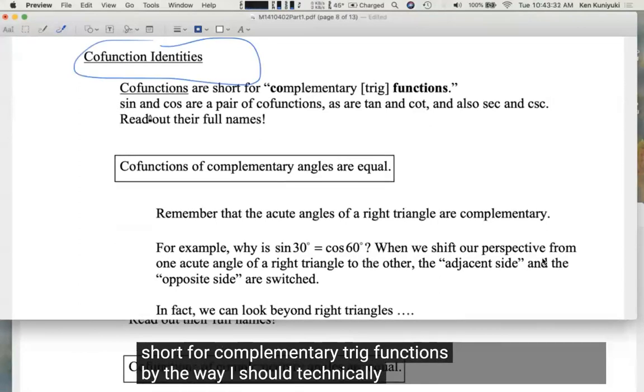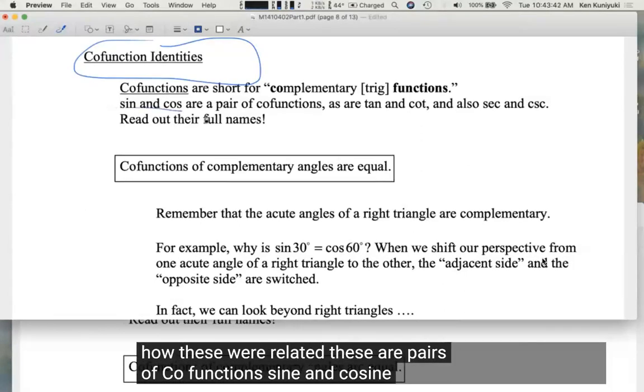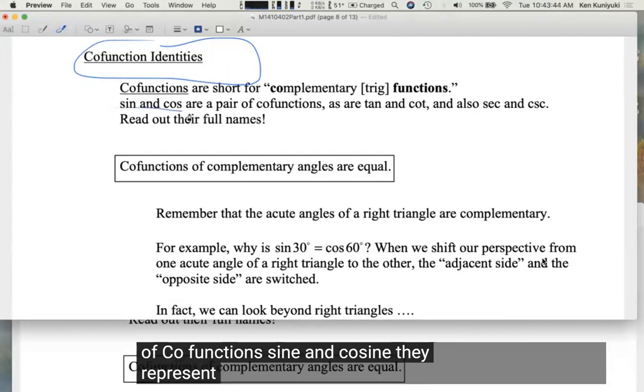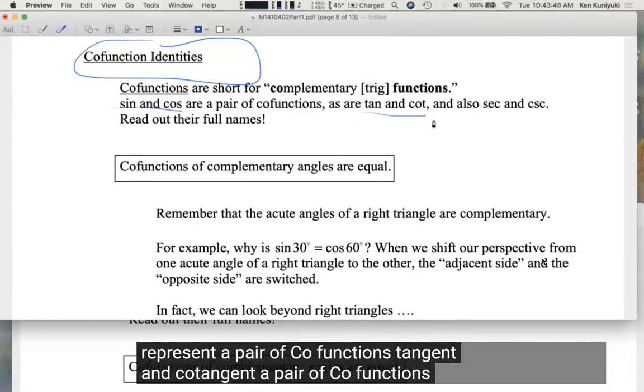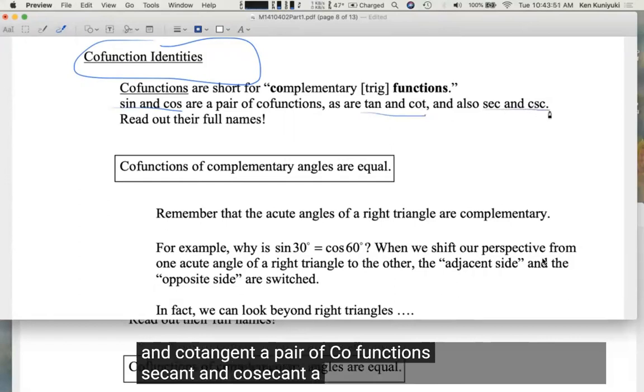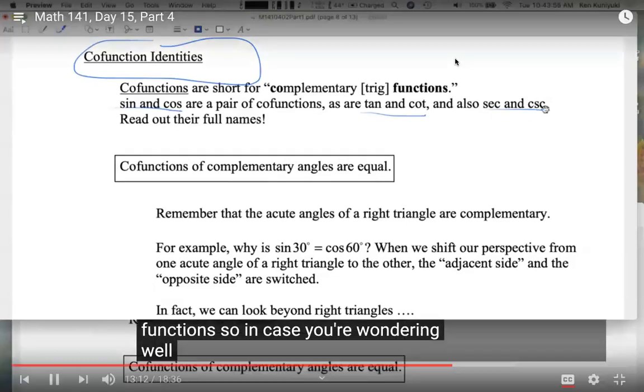By the way, I should technically write these out fully, but here I'm using their abbreviations. In case you're wondering how these were related, these are pairs of cofunctions: sine and cosine, tangent and cotangent, secant and cosecant. So in case you're wondering, well, how are these related?